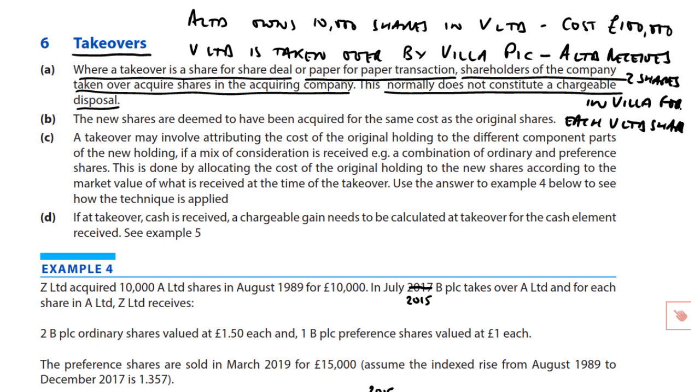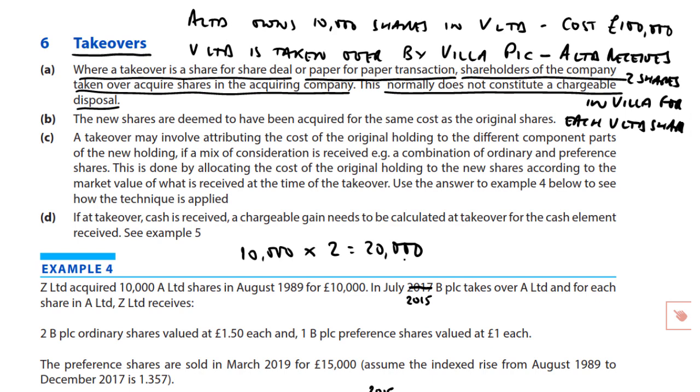So following the takeover, what will A Limited have? Well, it owned 10,000 shares in V Limited. And for each of those shares, how many shares did it get in Villa plc? 2 shares equals 20,000 shares.